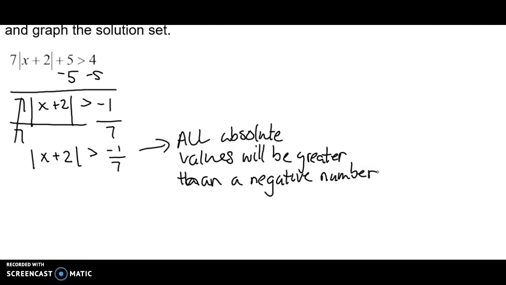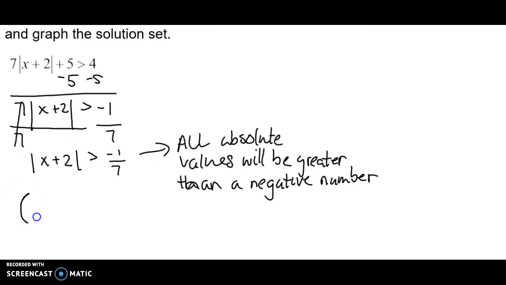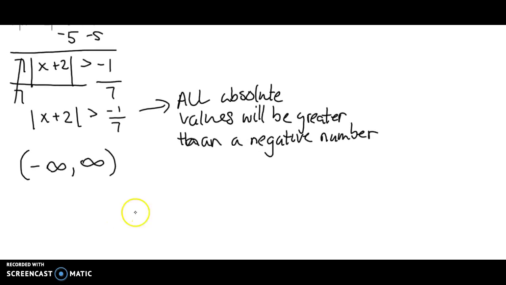So when writing this in interval notation, I would just say that it's all real numbers, negative infinity to positive infinity. When I put this on a graph, I'd put 0 in the middle and put some little arrows off to the side because it's anything negative infinity or positive infinity. It's all real numbers that could be for x.